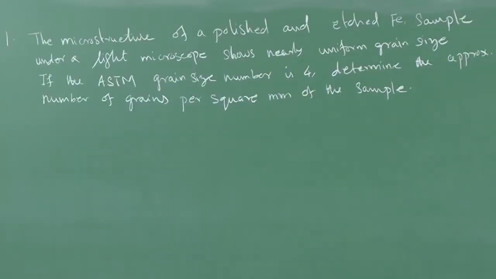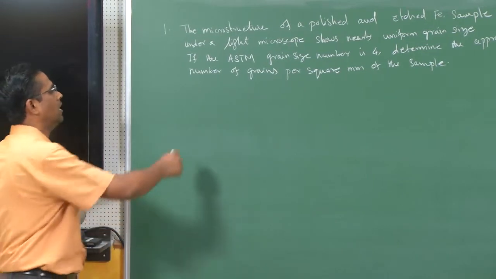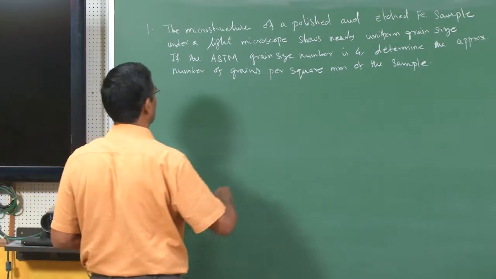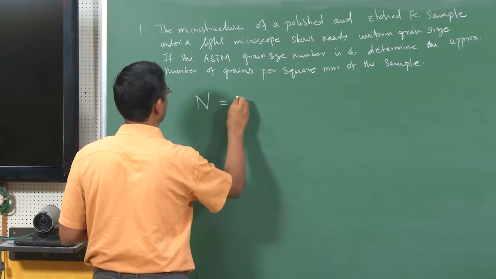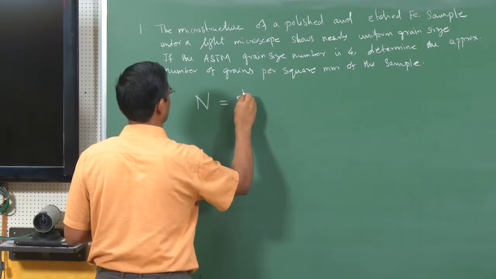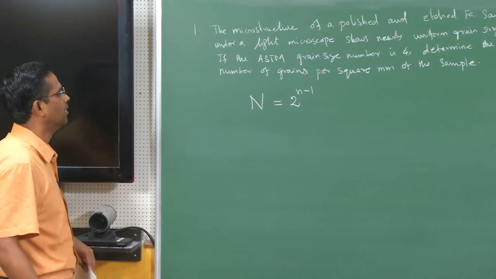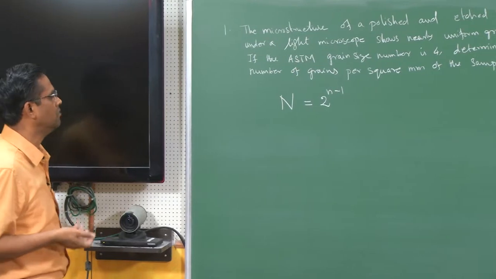So, the question is: the microstructure of a polished and etched iron sample under a light microscope shows a nearly uniform grain size. If the ASTM grain size number is 4, determine the approximate number of grains per square mm of the sample. This is done by simply using this formula, where n is the ASTM grain size number.